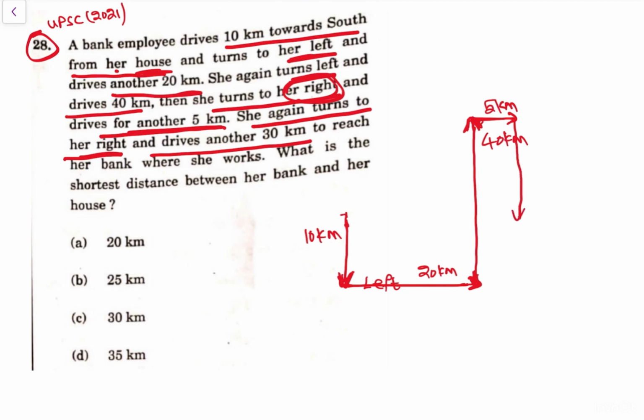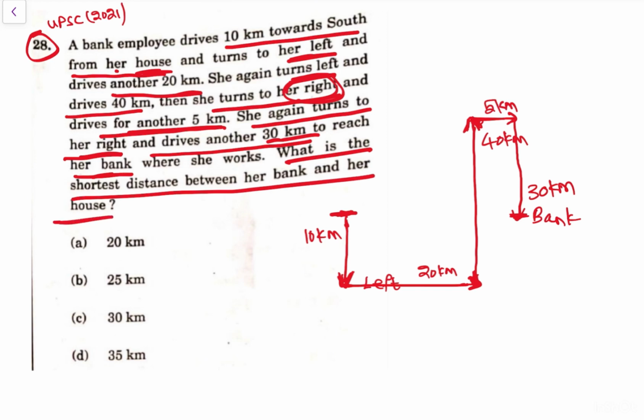So just make it 30 kilometers here. Whenever you are doing direction questions, make sure you draw as per the distance. So after 30 kilometers she reaches her bank where she works, so the bank is here. What is the shortest distance between her bank and her house?